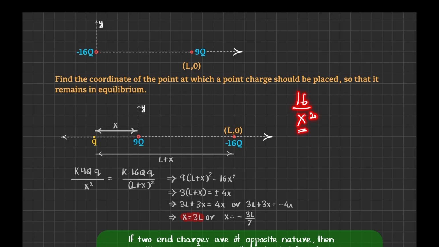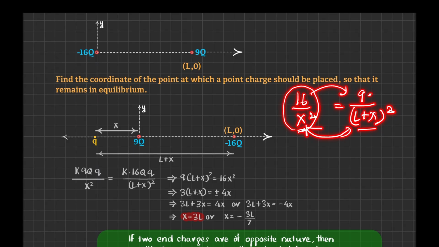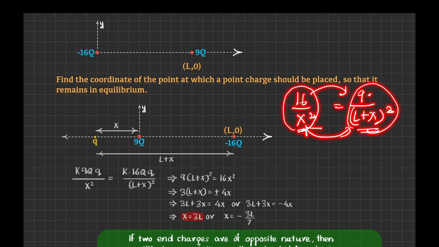Again, x square is lesser, if the denominator is smaller, the fraction's value increases. On the right side we have 9 by L plus x square. So comparing these two, this becomes smaller. Comparing these two denominators also, L plus x square in the denominator makes it even smaller. So they cannot balance. The two forces cannot be equal.